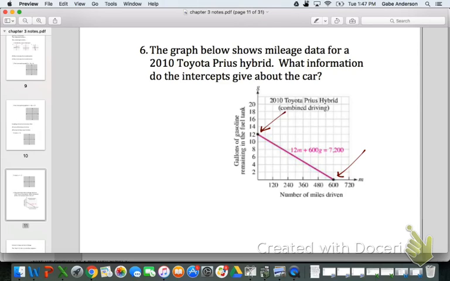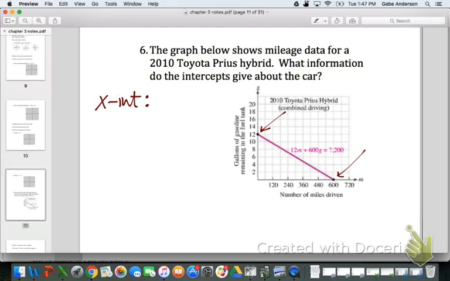How much gas are you using for the number of miles? Okay, well, I think we can explain each intercept individually. So let me put it like this: what does the x-intercept mean? Number of miles driven. Be specific though. The x-intercept is 600, and it is number of miles driven.